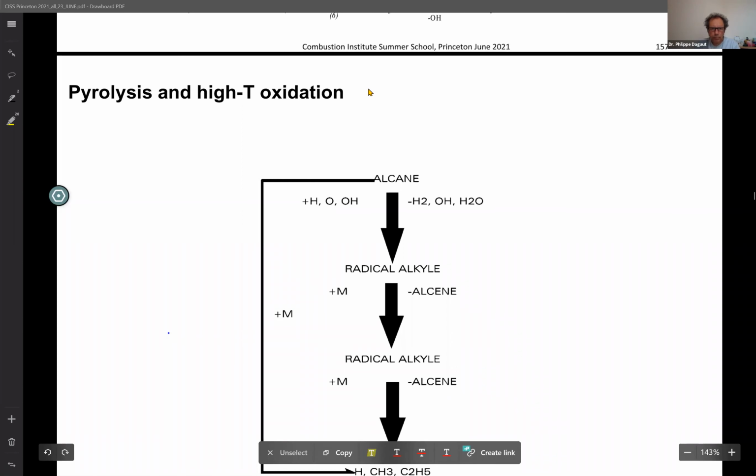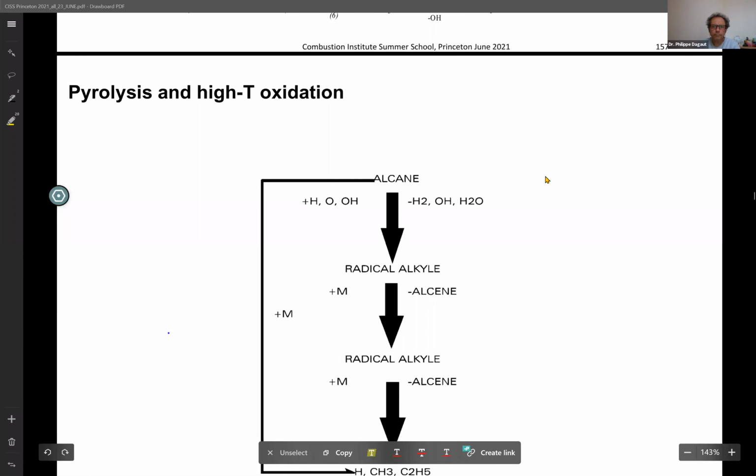After H atom abstraction, we get an alkyl radical, and we can have a decomposition to form another alkyl radical, a further decomposition to get a smaller alkyl radical or an H atom, and also directly from the fuel we can have decomposition to form some of these.